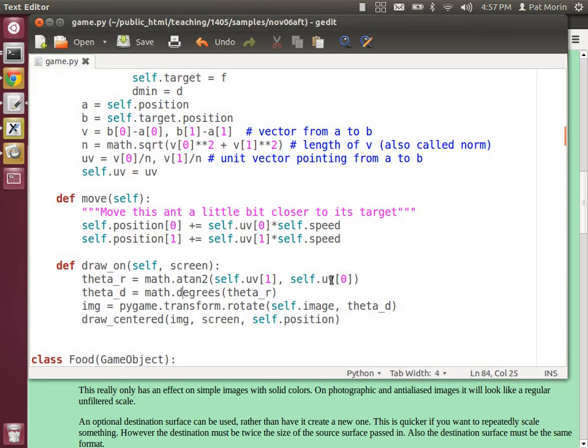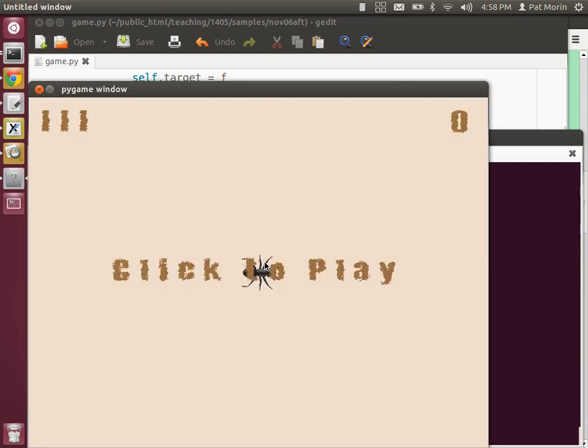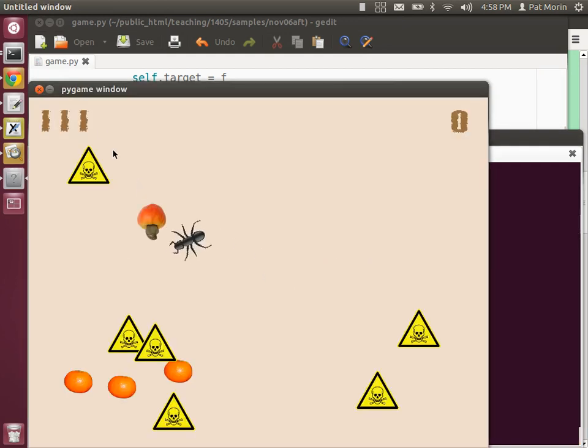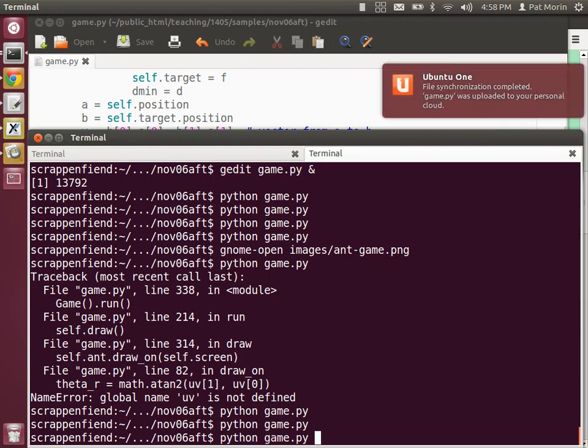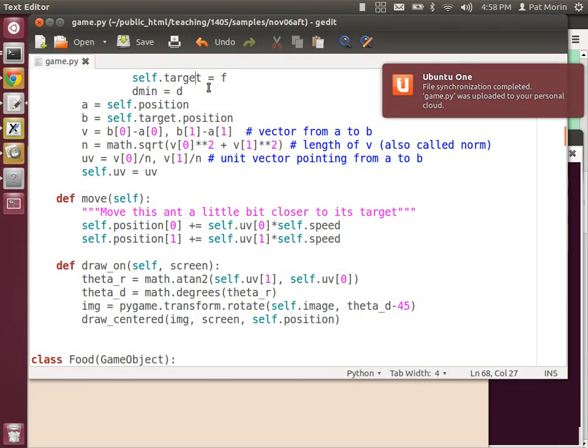So if I give it a positive angle, it'll rotate counterclockwise. I actually want to rotate it clockwise by 45 degrees, so I should give it a negative angle. That would be theta d minus 45. But our problems were a little bit deeper than that.